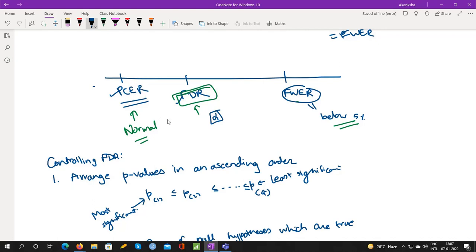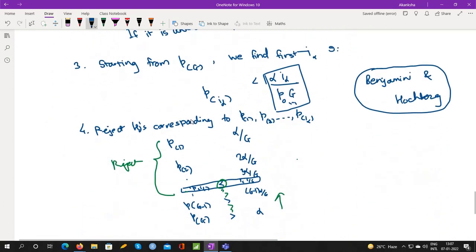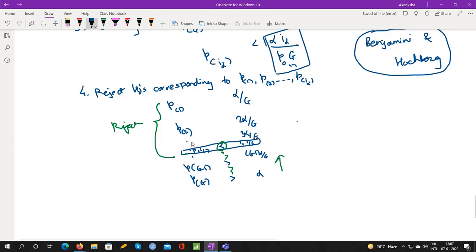Whereas if you follow the procedure that we discussed just now, then FDR becomes less than alpha, automatically it means PCER is further less, so it is also less than alpha, and then your number of false positives reduces significantly. So that's why they have suggested this adjustment.